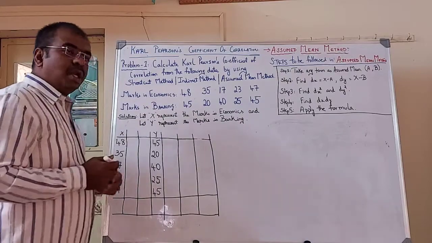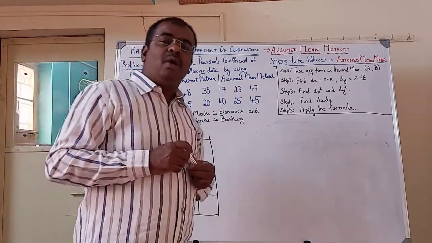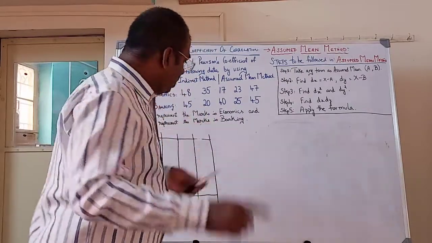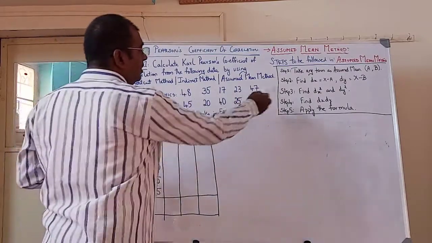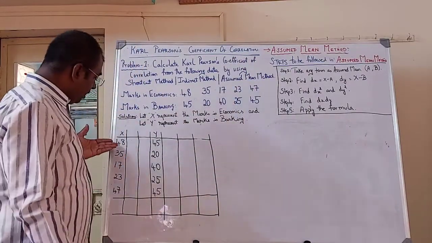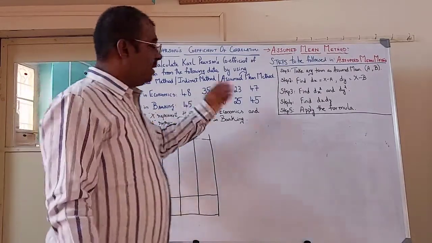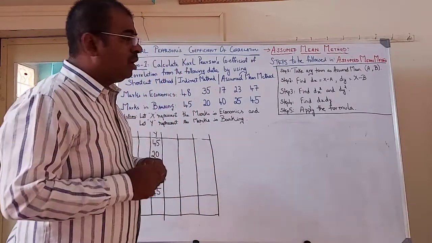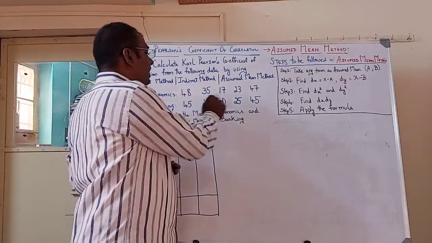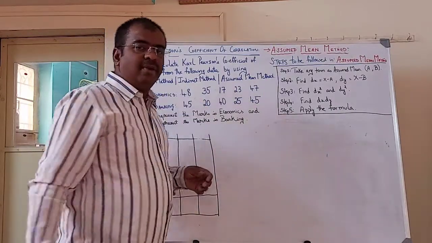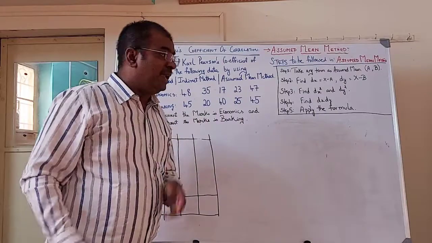Out of these values, you can choose any value of your choice. Or you can even choose a value which is not there, for example, you can take 40, 20 or 30. It is left to your choice. Generally, we prefer taking any one of these values as our assumed mean.